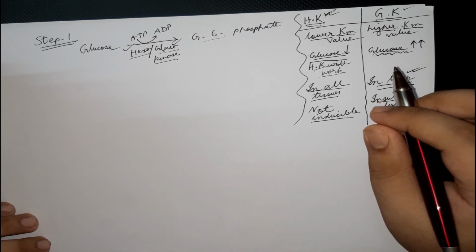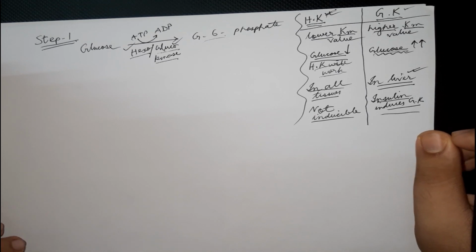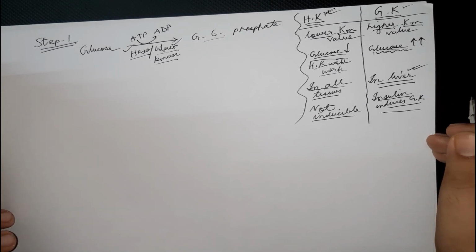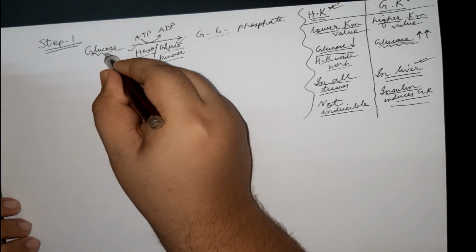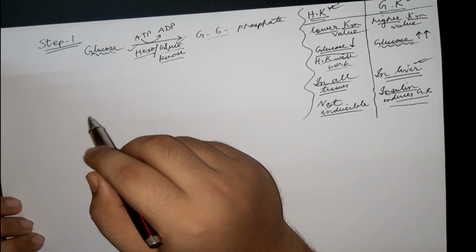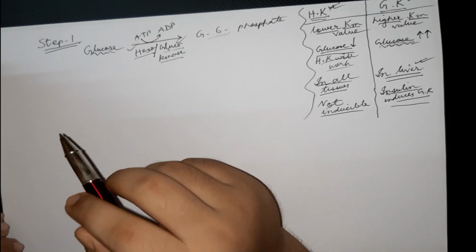Now these are the primary differences between hexokinase and glucokinase. Accordingly, depending upon the concentration of glucose in the blood and the state of the body, hexokinase or glucokinase will be used.